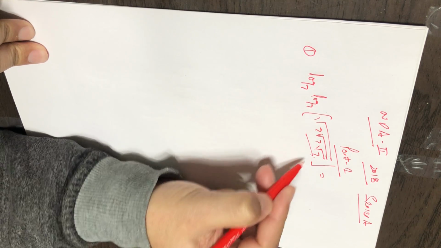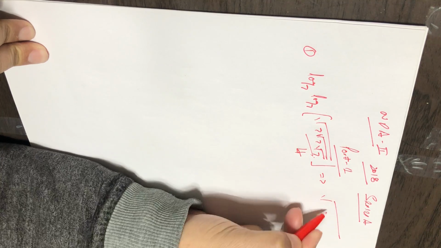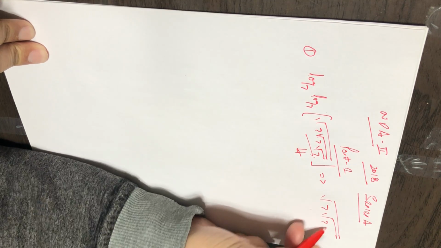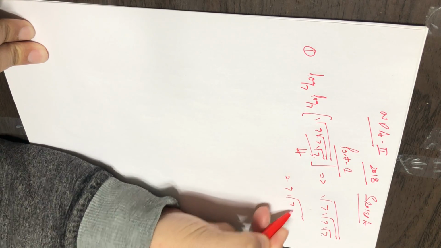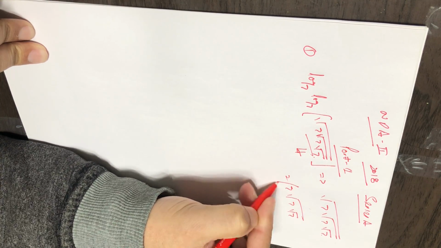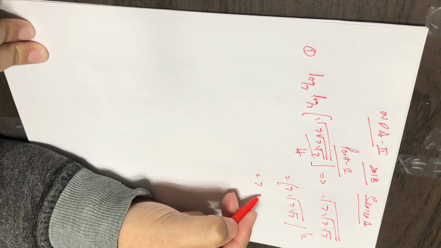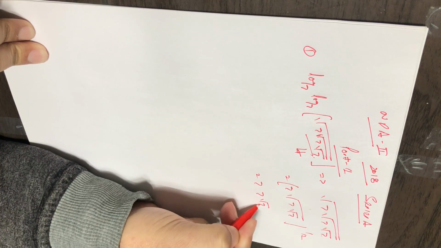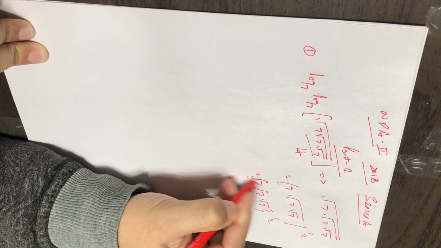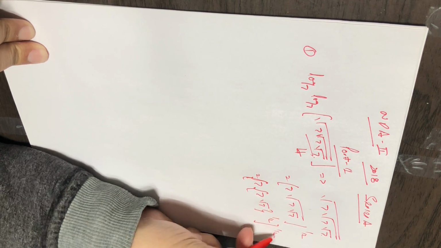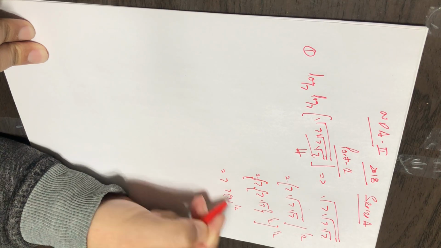So we are first of all going to find out what this part will be. We can write this as 7 raised to 1 by 2, 1 by 2, and 1 by 2.